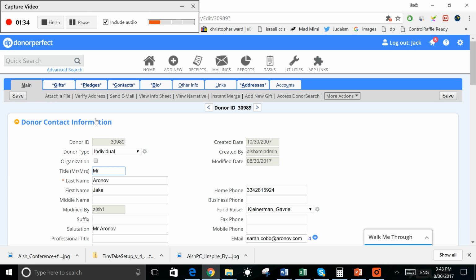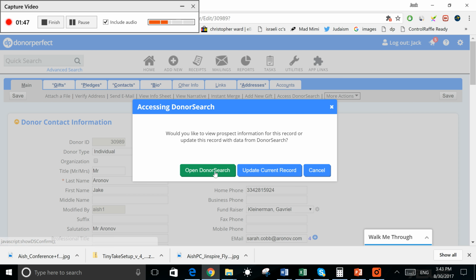So we have two tools that we use that we can prospect people who are in our system and people who are not, and it is fully integrated with Donor Perfect, which means I click on this thing called Donor Search, I open it up, and it's going to pull Jake's information into their system.